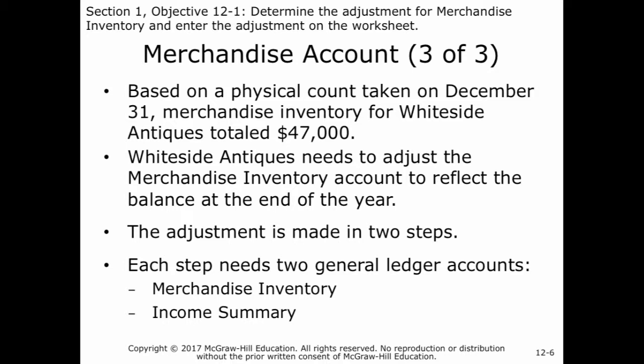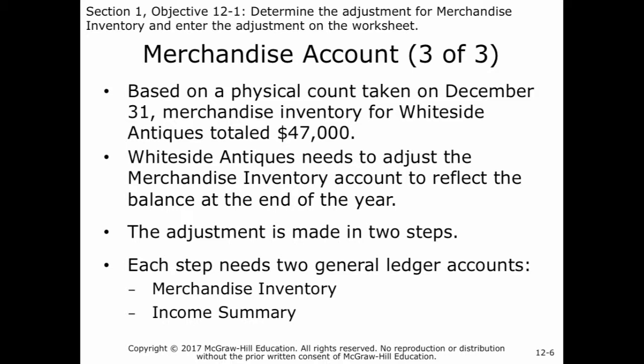In this case, the adjustments are actually done in 2 steps, and it needs 2 general ledger accounts, which are merchandise inventory and income summary. We've dealt with income summary before when we close accounts.